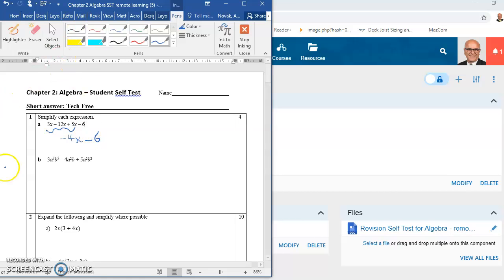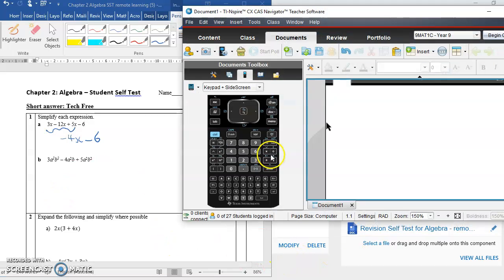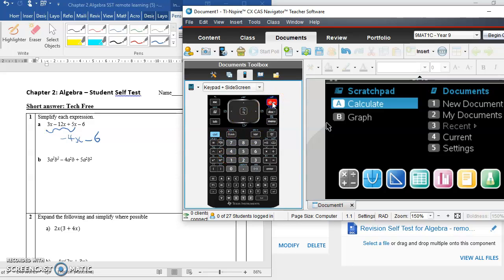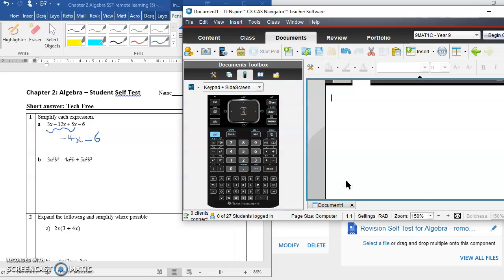Now to check, you go to your calculator and open up your calculator. Remember, you're in calculator page. That's home calculator page. When it comes to simplifying, it's the equal or enter button. So all we have to do is 3, and I always treat it as a dumb calculator.